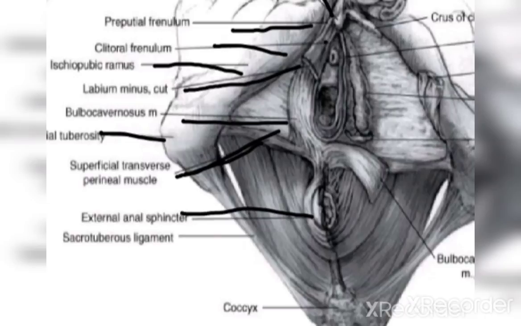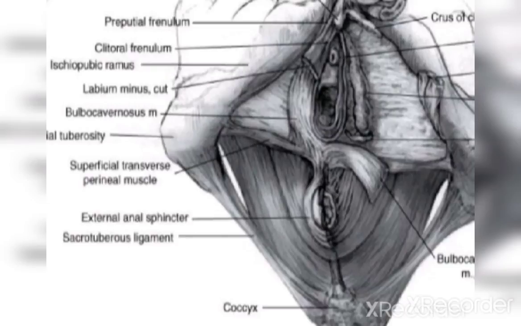This is the urethral opening, the other is the vaginal opening, then this is your anal opening. Okay, so the external anal sphincter and the sacrotuberous ligament. So these are the various structures at the perineal space.